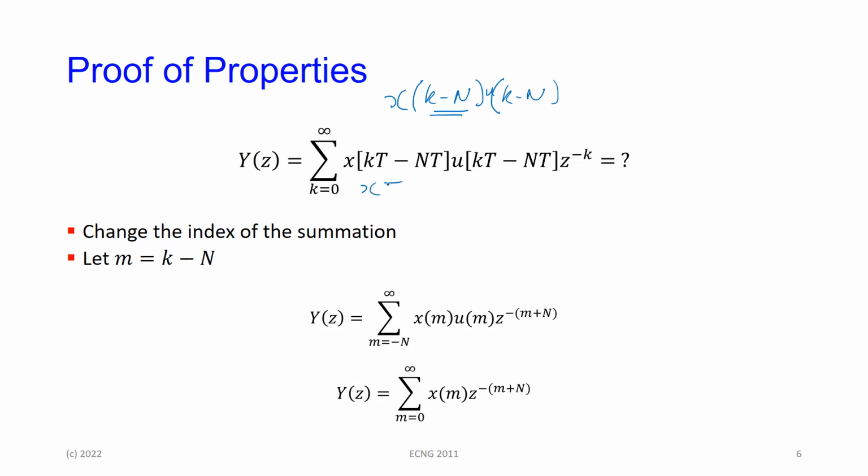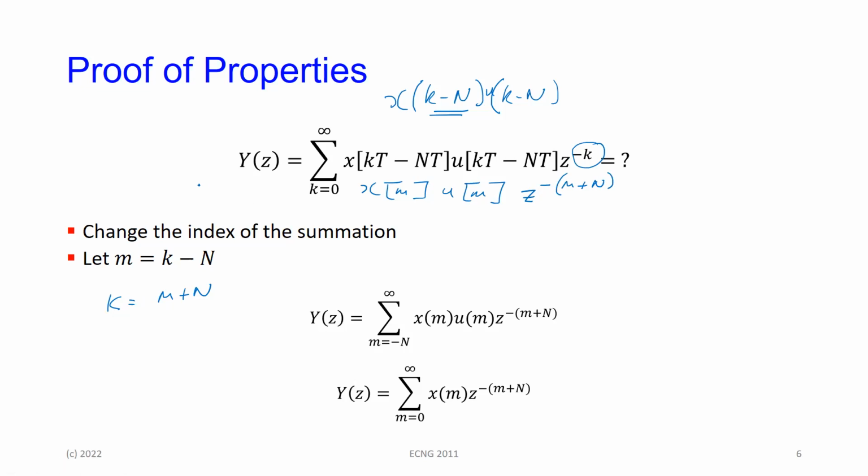So I have x(m) u(m), but now I have to change this here. If I let m be k minus n, then k is simply m plus n. So I substitute that here: z to the minus, and instead of k, now I have m plus n.